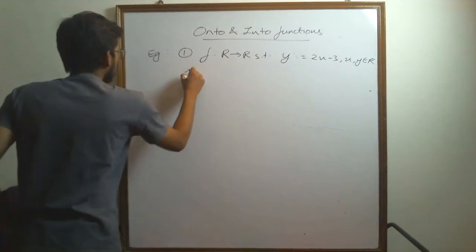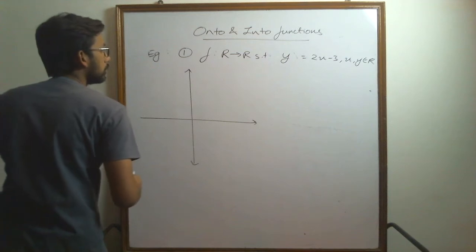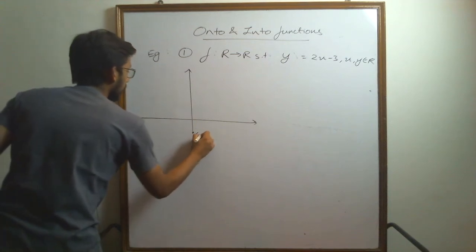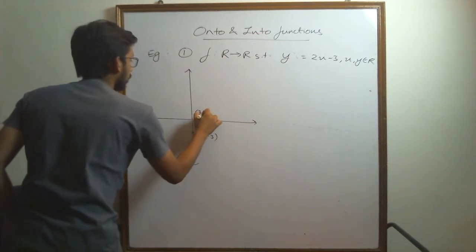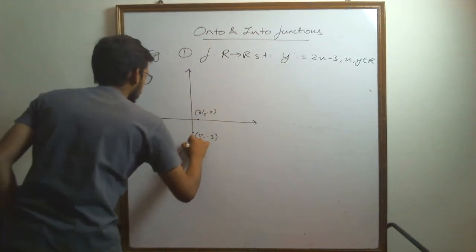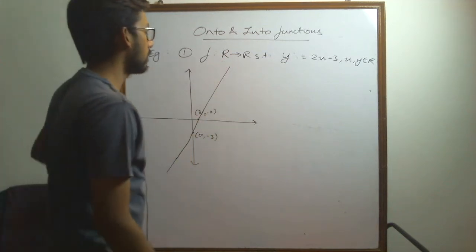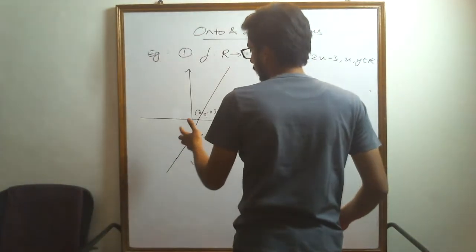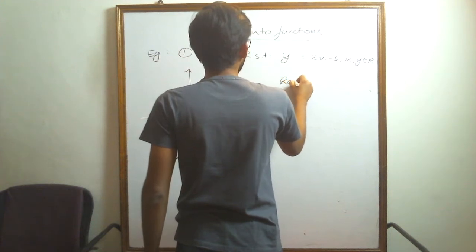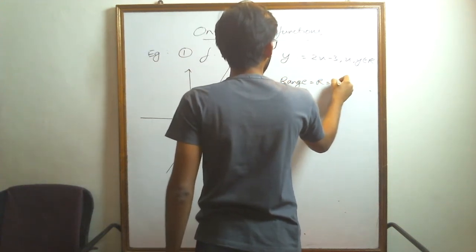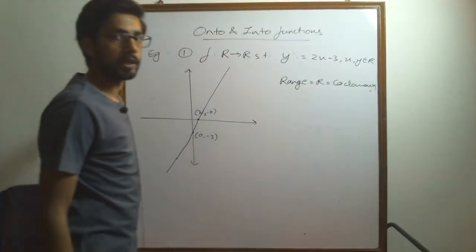Now, if I make the graph of 2x minus 3, it will be a straight line passing through 0 comma minus 3 and 3 by 2 comma 0. So it will be a straight line like this, again extending infinitely on both sides. So the range will be all real numbers from minus infinity to plus infinity. So range is equal to R, which is equal to codomain. So yes, it is onto in nature.